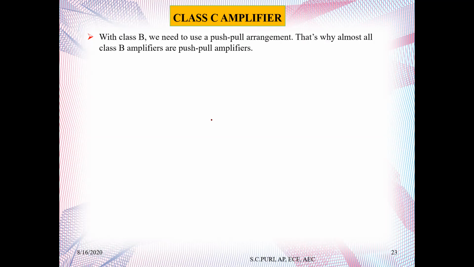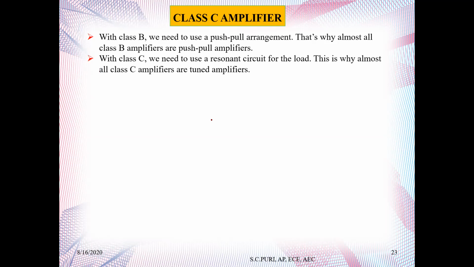Now coming to class C amplifier. With class B, we need to use a push-pull arrangement. That's why almost all class B amplifiers are push-pull amplifiers. With class C, we need to use a resonant circuit for the load. This is why almost all class C amplifiers are tuned amplifiers. Again, MCQ question.